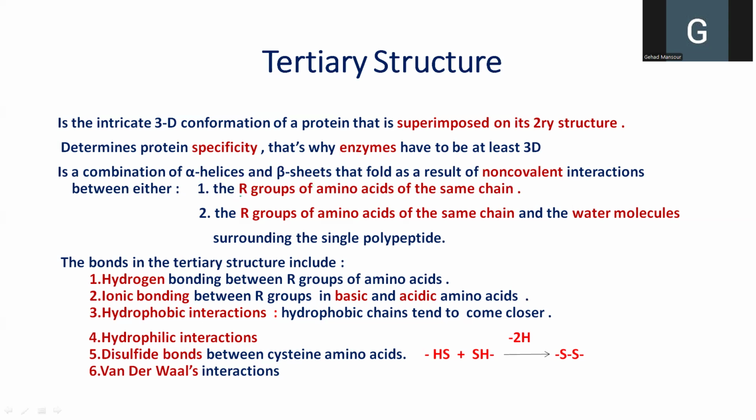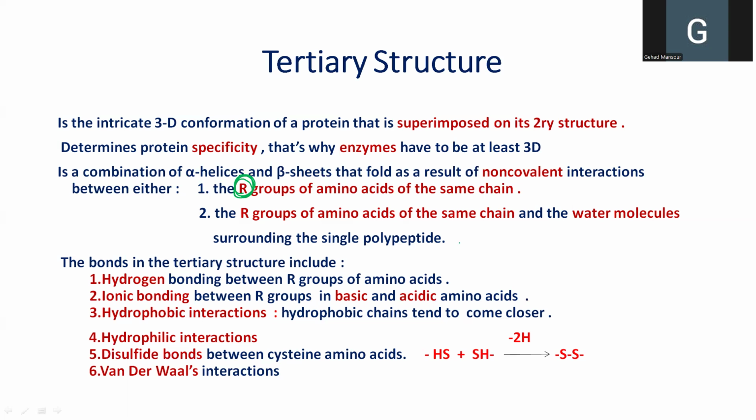They will be formed between R groups, meaning that they will not be formed between oxygen and hydrogen like in the previous examples of the secondary level, either between R groups of amino acids in the same chain or between R groups of amino acids and the water molecules around the polypeptide chain.